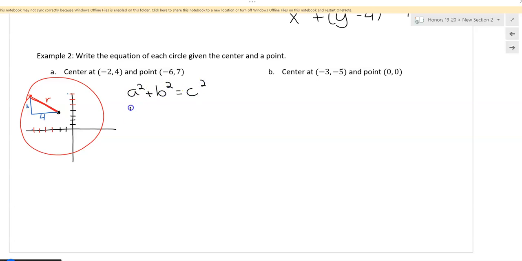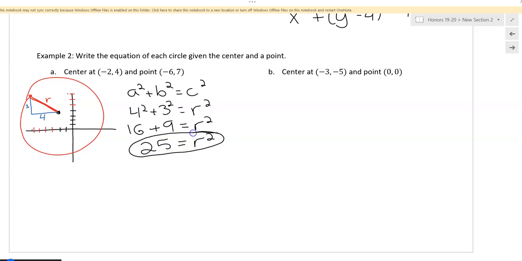So I have 4 squared plus 3 squared equals r squared. We've done this a lot. Now, I don't even have to take the square root. I'm going to take this right here and plug that right into my formula. If you find the square root, that's fine, but you'll just be taking the square root and then squaring it again, right? R squared is what I want, not really r.